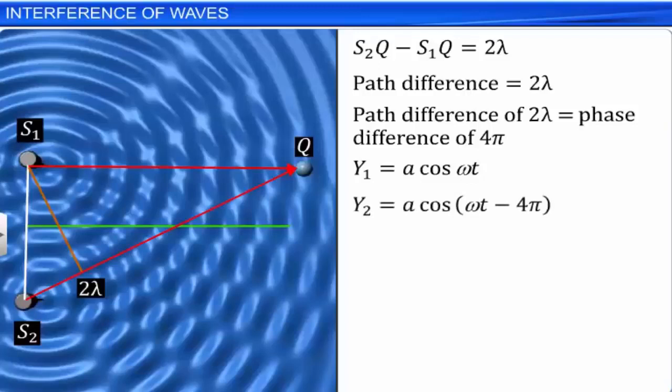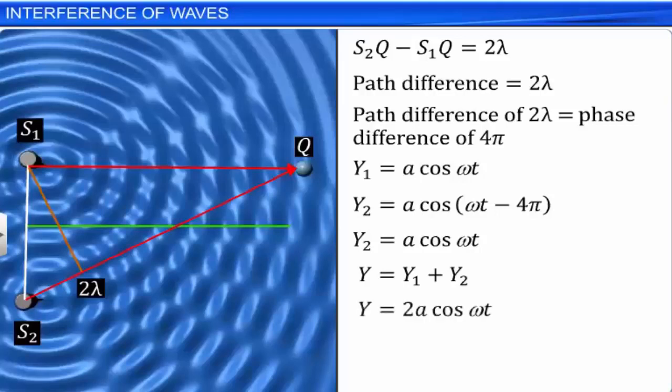But this is again equal to a cos omega t. The resultant displacement of Q, y, is equal to y1 plus y2. On substituting the values of y1 and y2, we get y = 2a cos omega t. And the intensity will be again equal to 4I0.